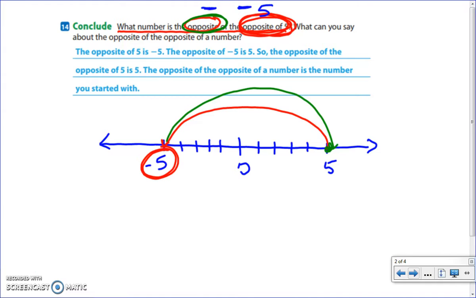Maybe that helps you if you write it in symbols instead. A lot of times when we talk about the opposite of a negative number, we put that number in parentheses, so you may see it like that as well. But remember that negative and opposite are pretty interchangeable in mathematics, so if you prefer, it makes better sense to think of a negative sign as the opposite, then you may do that as well.